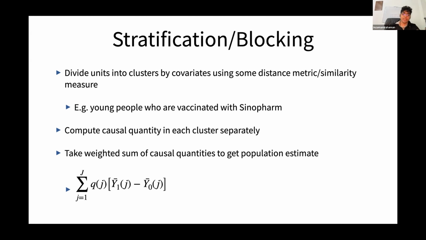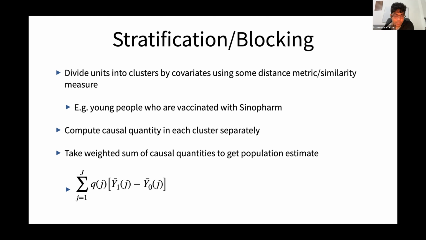And then you take a weighted sum of those sub-quantities, and that gives you the population estimate for the average treatment effect. Sometimes you nest these causal inference techniques in one another, so you can even do matching methods or propensity based weighting or doubly robust regression in the context of the clusters themselves.